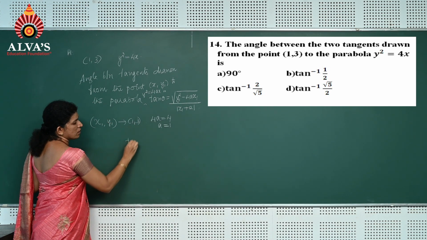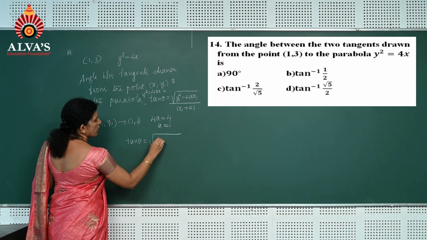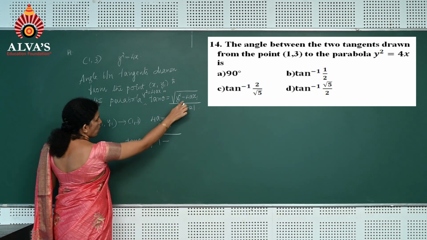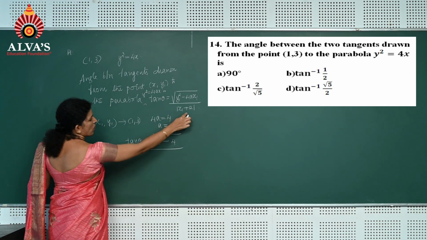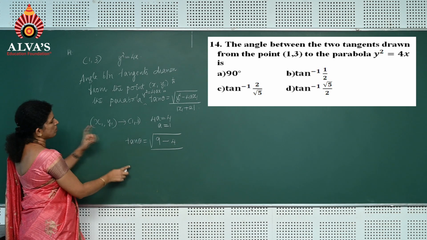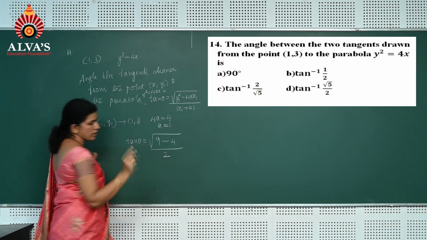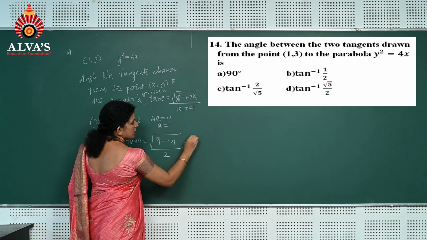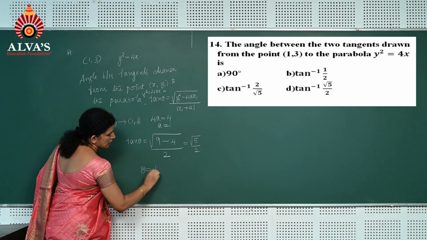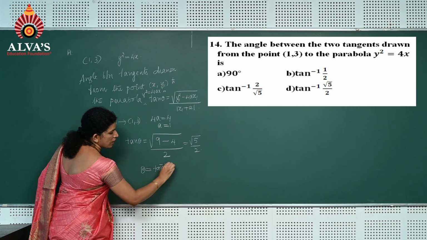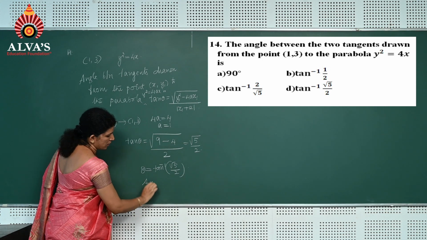Substituting everything here, tan theta is square root of y1 square minus 4a x1, which is 4, divided by x1 plus a. x1 is 1 and a is 1, that is 2, so that tan theta equal to root 5 by 2. Theta is tan inverse of root 5 by 2. So the answer is D.